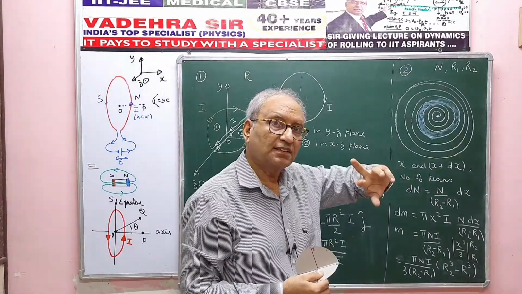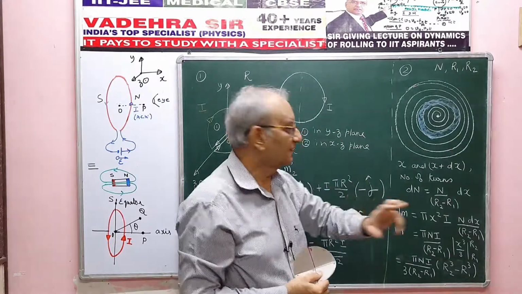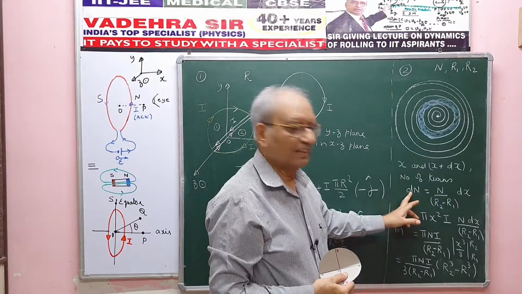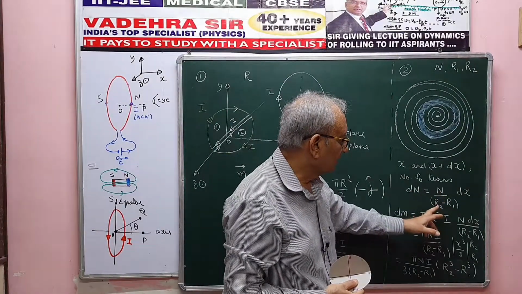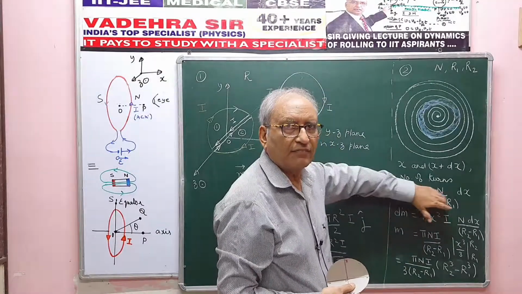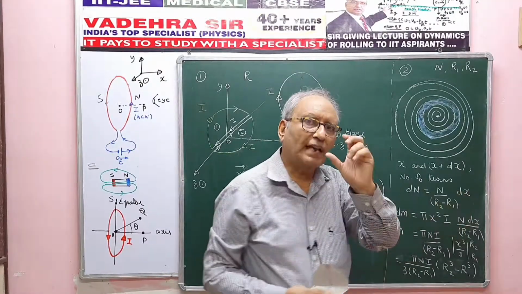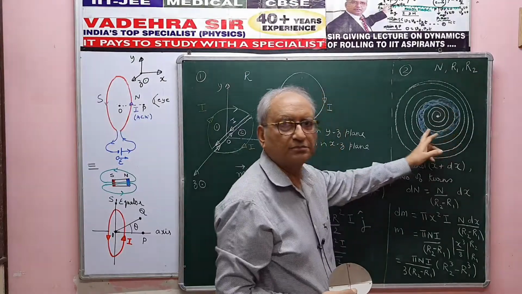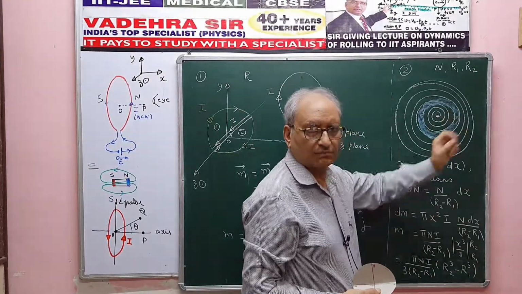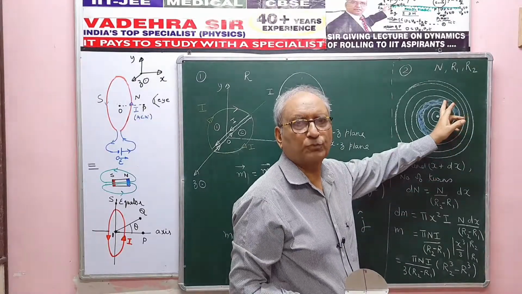Total number of turns are n. So turns per unit length will be n upon r2 minus r1. This will be turns per unit length, and if I take thickness x. Now what I am doing is, look at this blue shade. I am taking the inner radius x and the outer radius x plus dx.